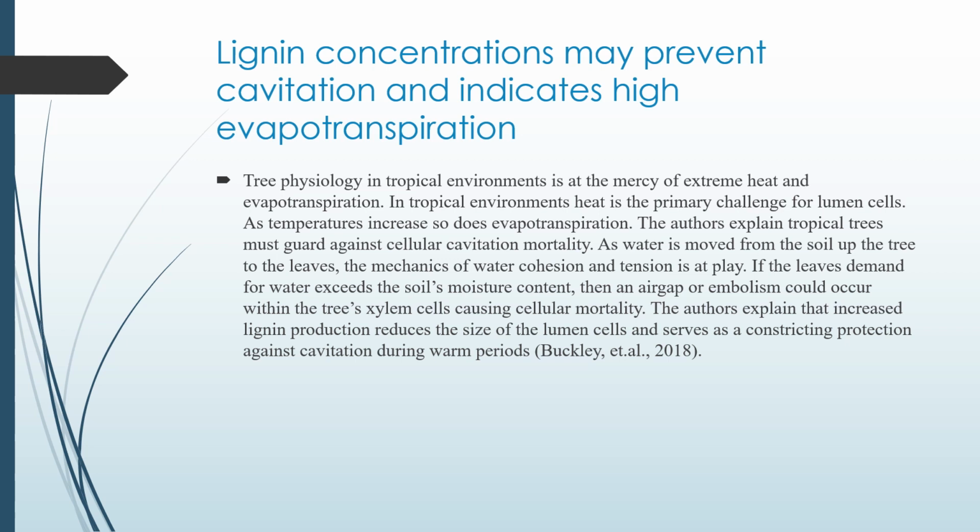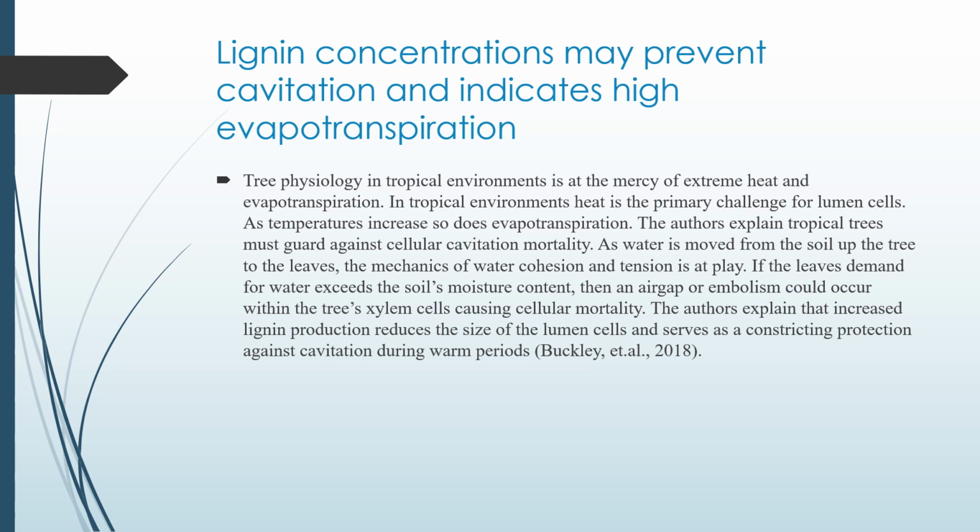This research using blue light intensity, looking at lignin concentrations, is really tying in a lot with temperature and evapotranspiration. So tree physiology in the tropical environments is really at the mercy of extreme heat and evapotranspiration.